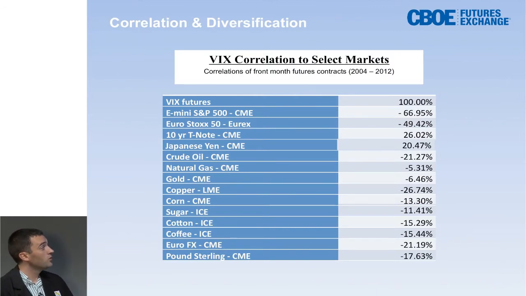This is a big reason why we see a lot of interest in trading VIX, namely on this chart, the high negative correlation to the E-mini future. And not only is it a high negative correlation, it's also an outsized volatility.